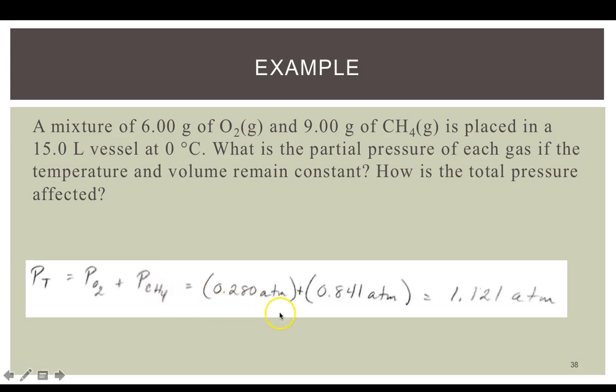We just add them together according to Dalton's law. Here's the partial pressure of oxygen that we originally solved for. Here's the partial pressure of methane that we originally solved for. Add them together. The total pressure at this temperature and volume associated with that binary mixture of molecules is 1.121 atmospheres. So that was pretty much the long way of going about this.